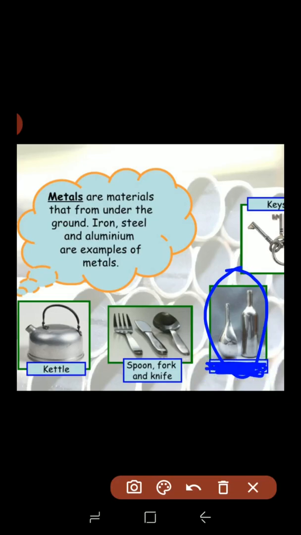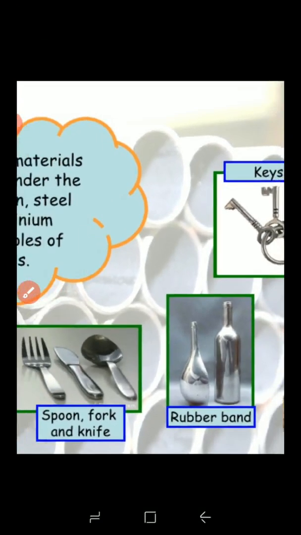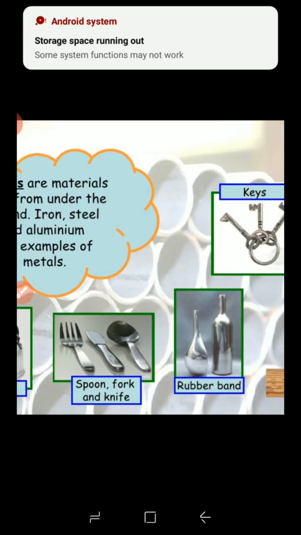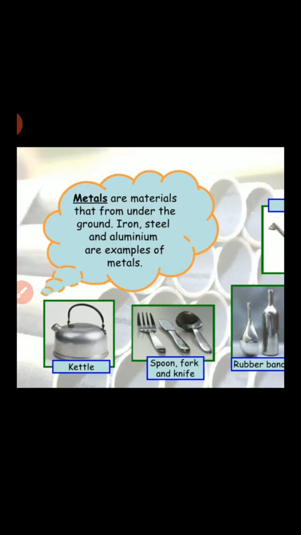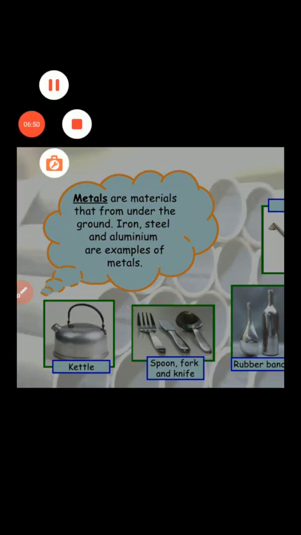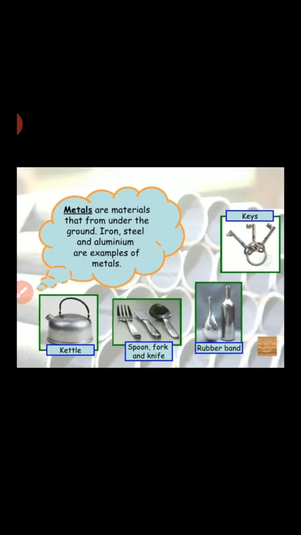It's a bottle which is made from metals. And these are the keys, and some spoon, fork and knife, kettle. Metals are materials that come from under the ground. Iron, steel and aluminium are examples of metals. That means we get metals naturally, under the ground.